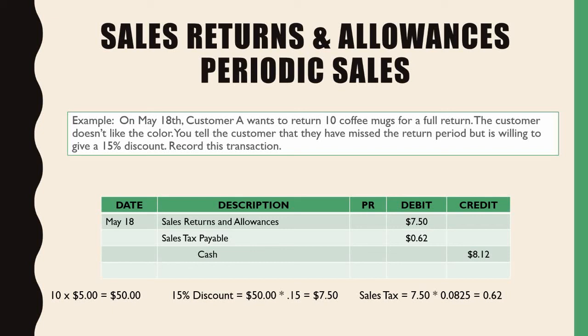If they want to refund 10 cups, then we'll give you exactly $50. You're not going back to step 1, looking at the transaction in hand and the 50 items that they have.